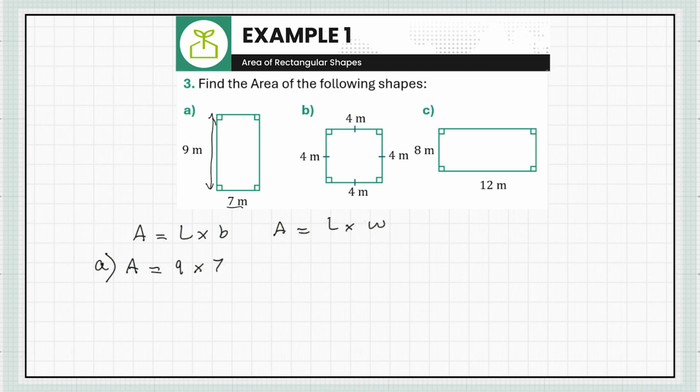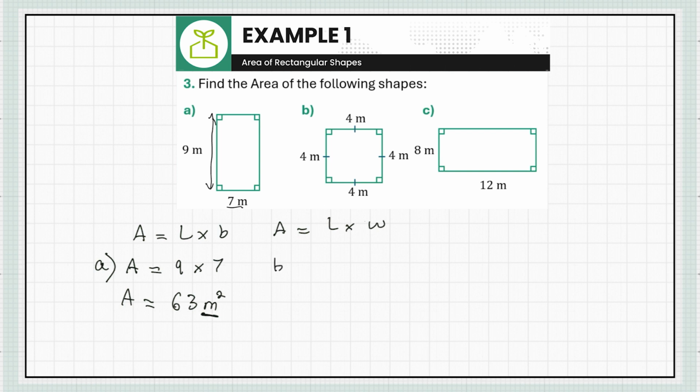So I could also do 7 times 9, I could do 9 times 7 as well. They are both equally valid and will lead to the same result. So our area is going to be equal to 9 times 7, which is going to be 63 meters squared. So whenever we're dealing with area, our units are square units. They are not just a single dimension.